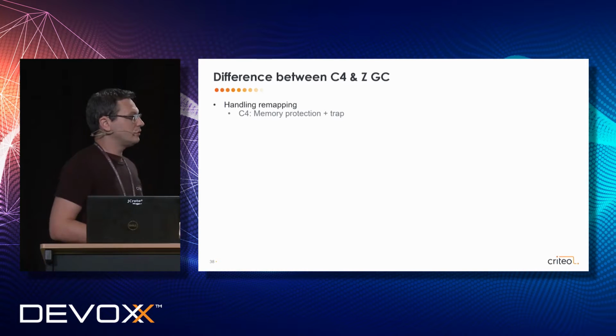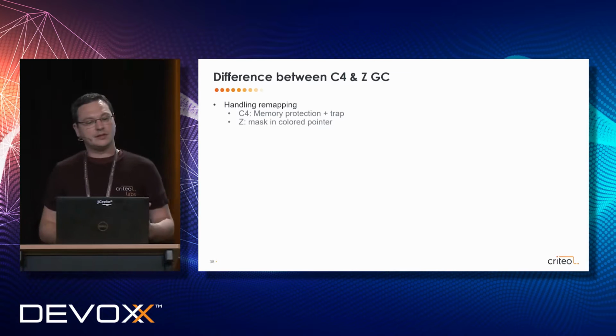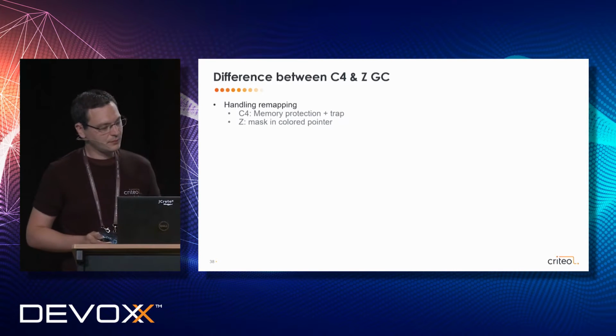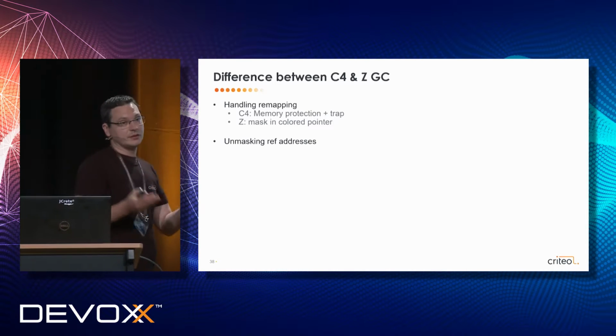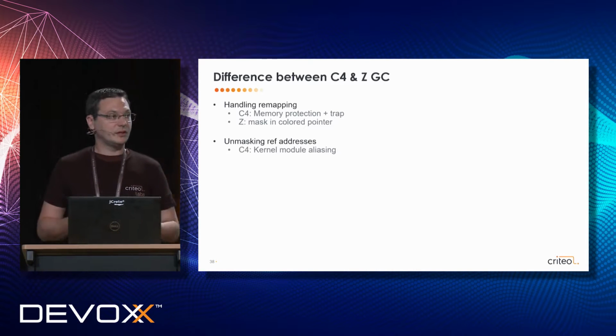C4 uses memory protection plus a trap handler. For that, they use and mask the colored pointer. For unmasking the reference addresses, because they are storing those into the colored pointer, C4 uses a kernel module.